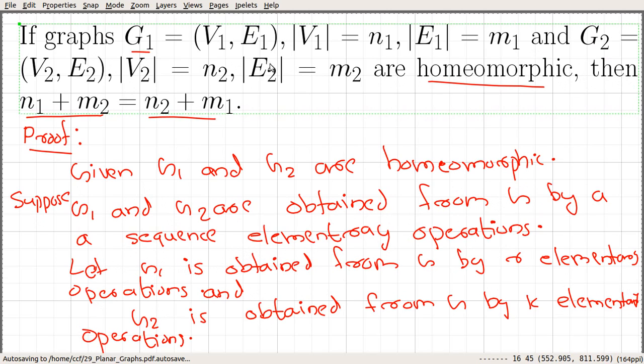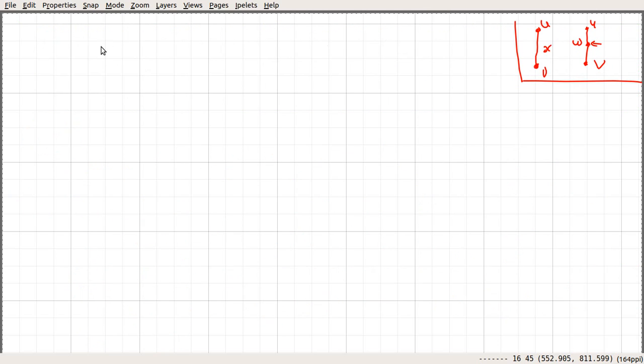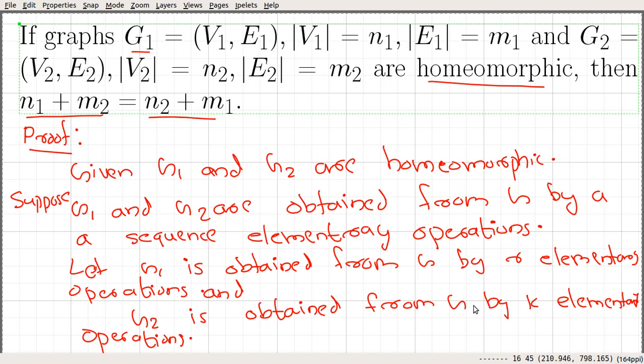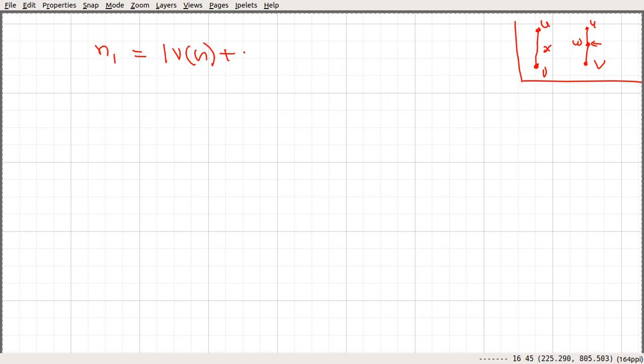In G1, which is obtained from G by R elementary transformations, n1, the number of vertices in G1, will be equal to the number of vertices in G plus R. Here we have performed R elementary operations, and the number of edges in G1 will be the number of edges in G plus R. That is what we saw here: when we perform an elementary operation, the number of vertices increases by 1 because we add a new vertex, and we replace one edge by 2 edges.